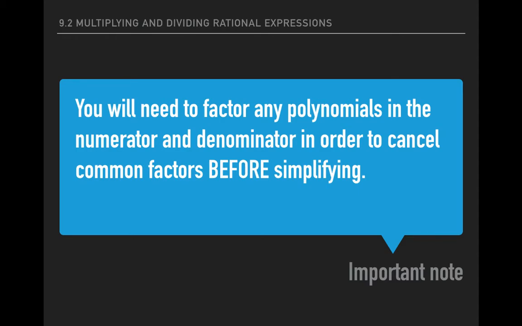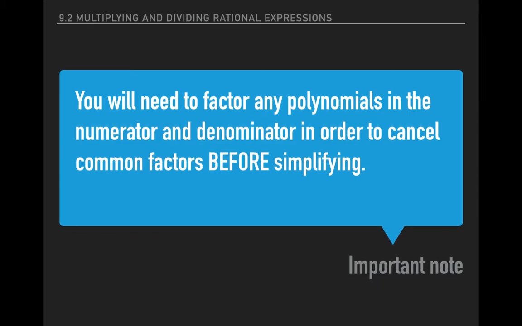Alright, an important note. When you're working with this simplification, you will need to factor any polynomials in the numerator and denominator in order to cancel common factors before simplifying. Let me show you in this next example what we mean.